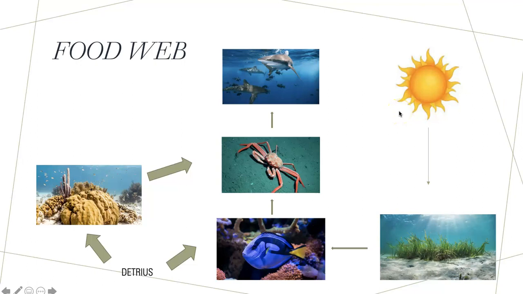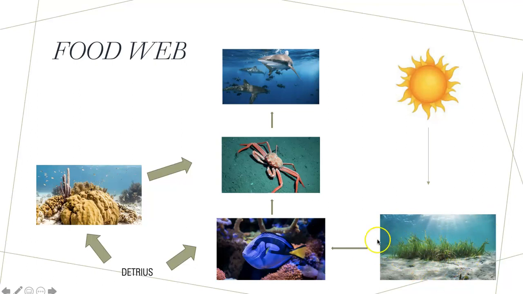So for my food web, I first started with the sun, because without the sun, the plants would not get any nutrients that they need. So the sun shines on the seagrass, which starts photosynthesis and helps the seagrass produce what they need to survive.